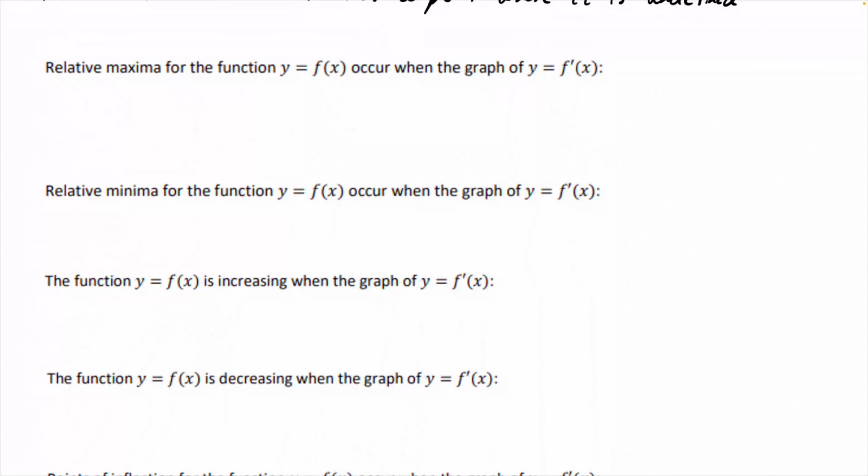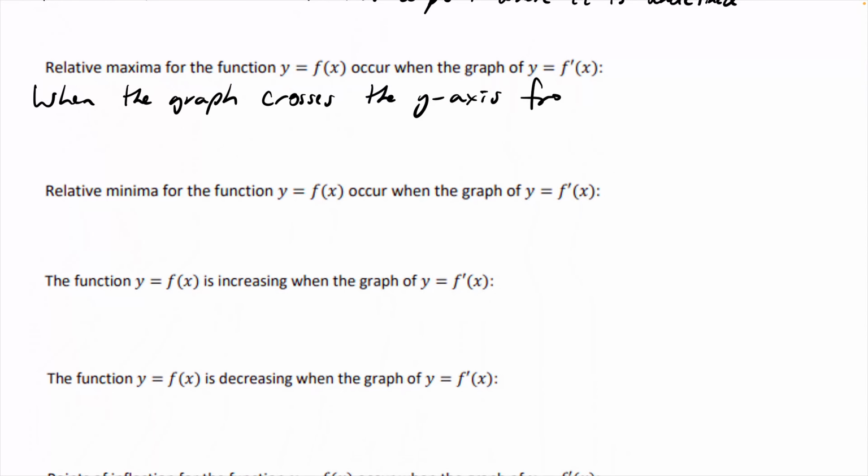okay? So when the graph crosses the y-axis from one direction, from positive to negative y values, I'm going to write this.